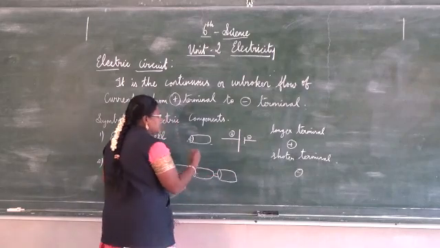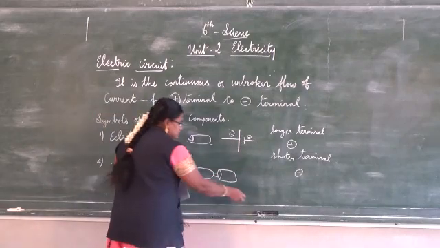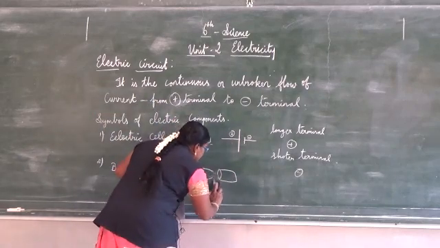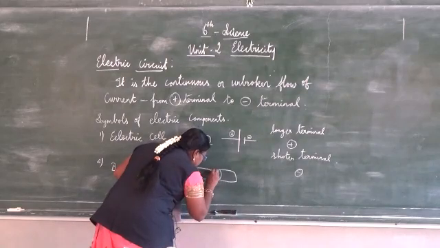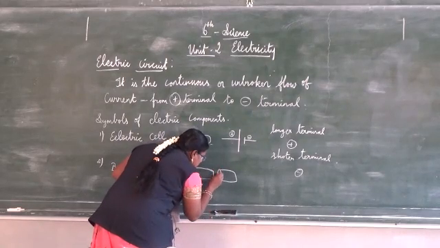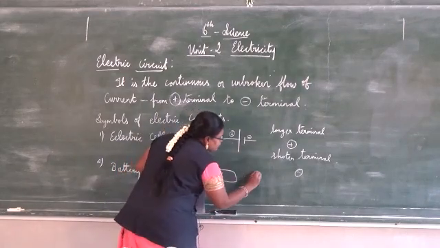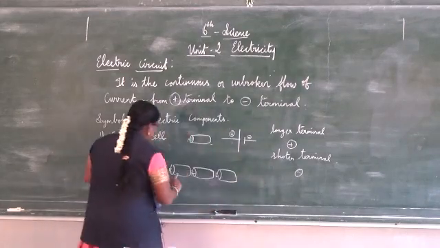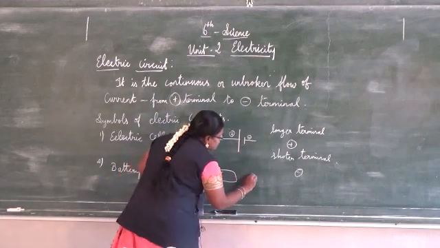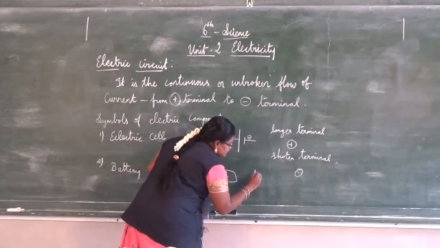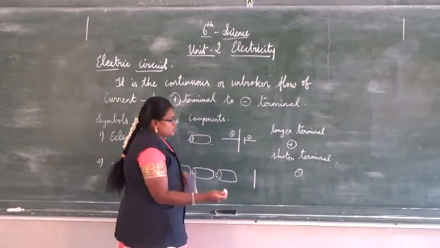Okay, so how we can mention this diagram? This is the carbon top. The carbon top is mentioned as positive. Understand children? If it touches, then what will the symbol be? See, here there are 3 cells, so we should have 3 longer strokes and 3 shorter strokes.